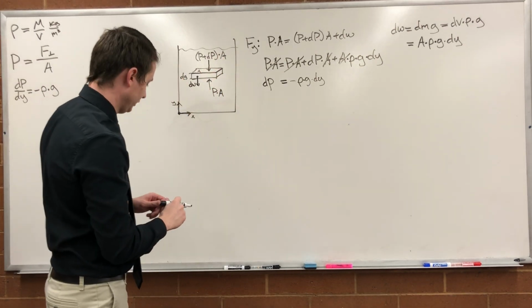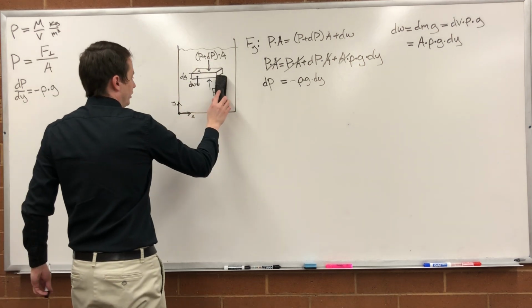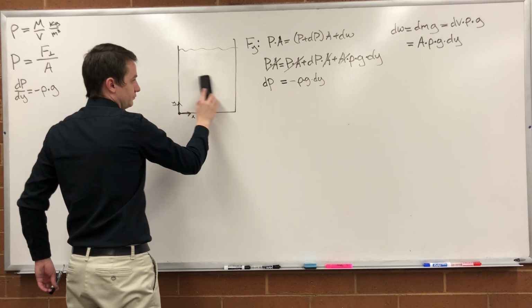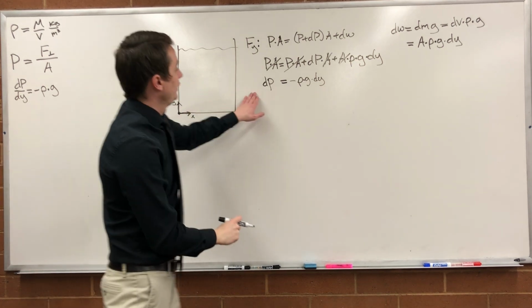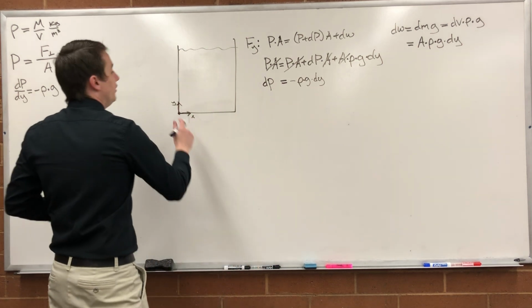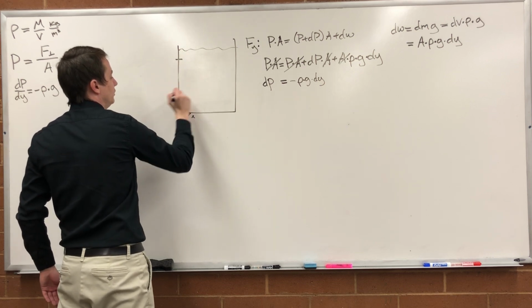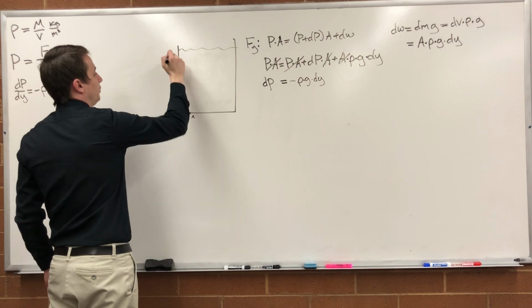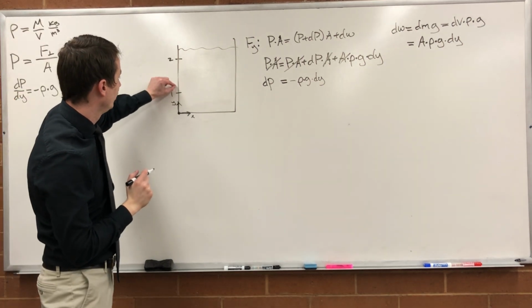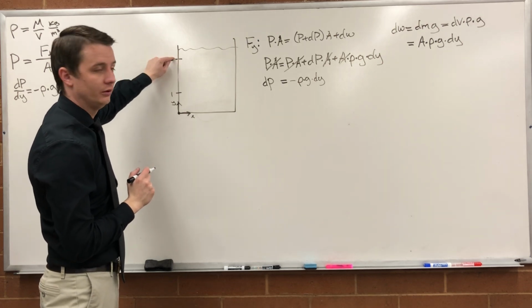The other way we can manipulate this is, we don't really need this version of the picture anymore, so we erase that. If dP is equal to negative rho times g dy, then if we add up all our dPs from point 1 to point 2, that will give me the total change in pressure from point 1 to point 2.